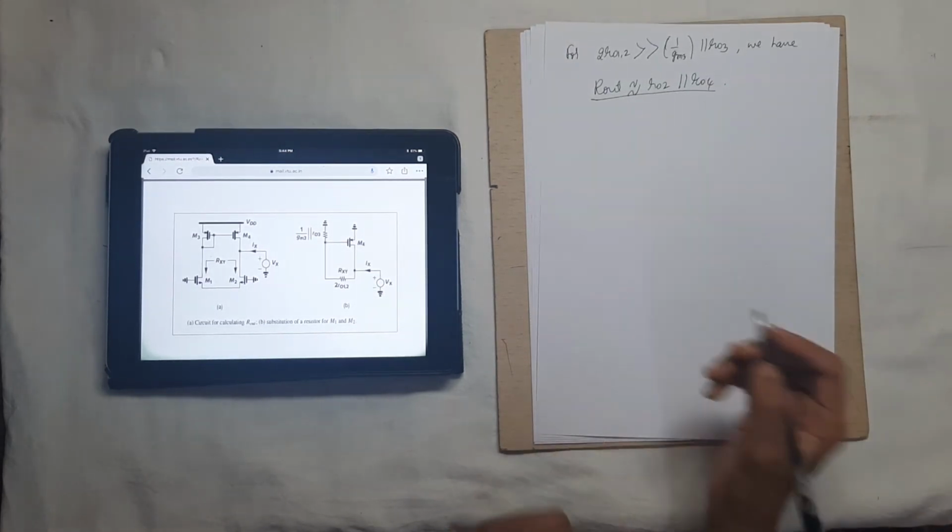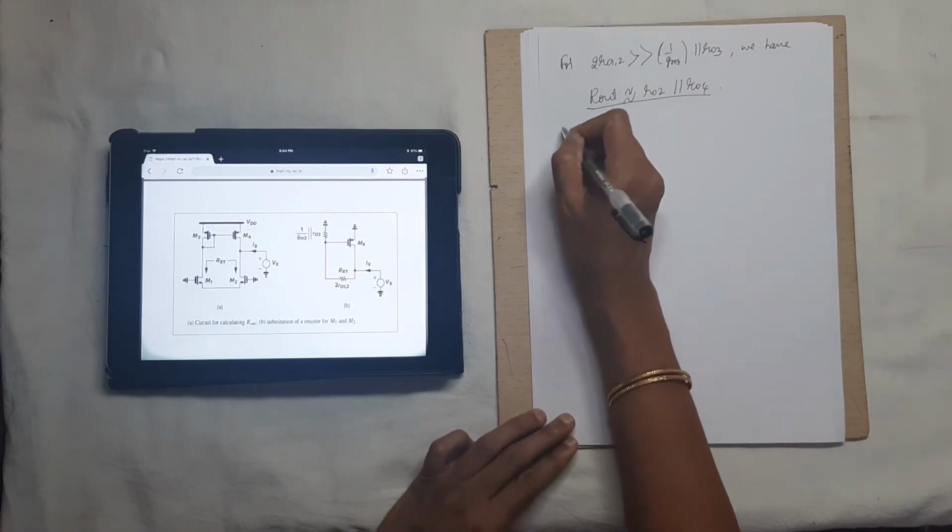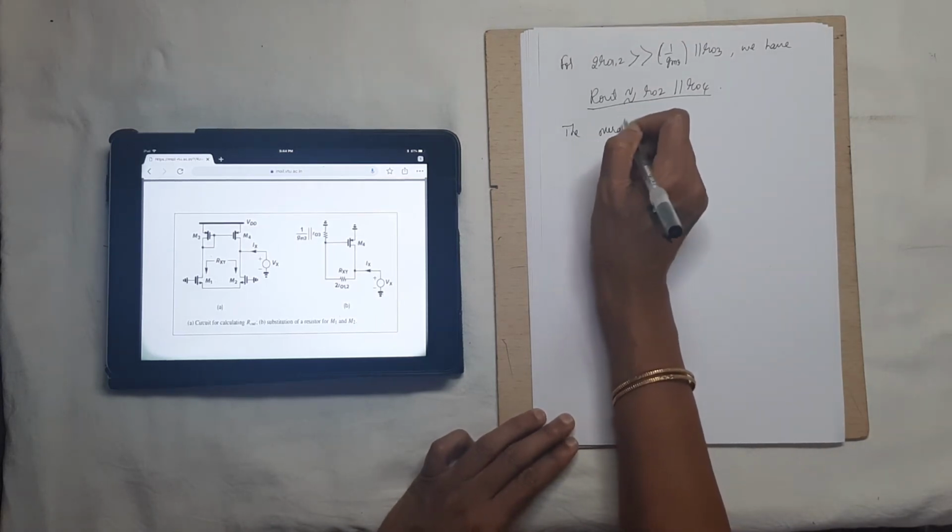Now what is the voltage gain? Voltage gain can be written as AV is equal to GM into Rout. So put those two expressions in the expression of AV, we get the overall gain.